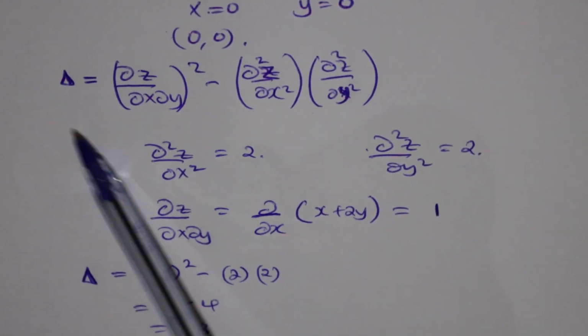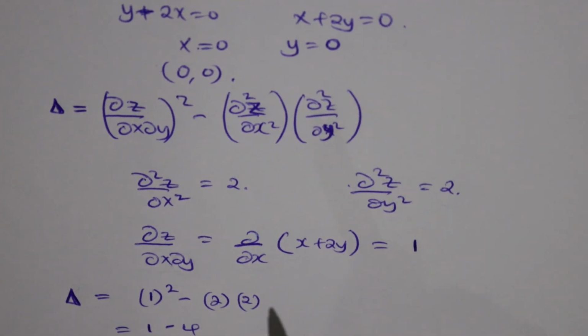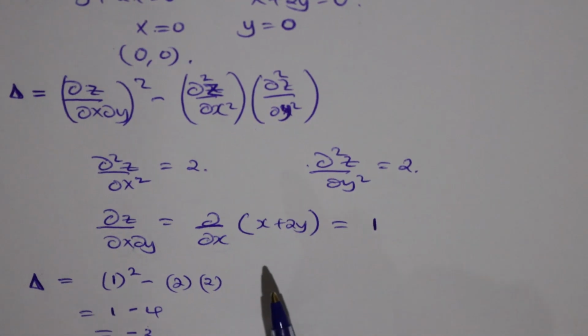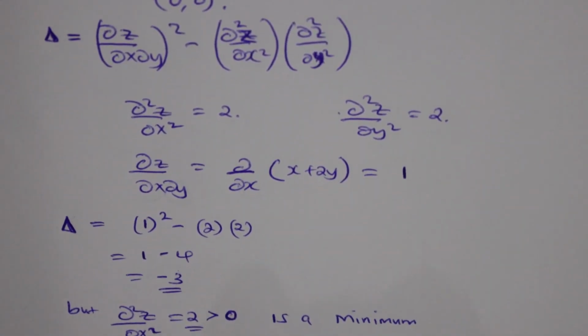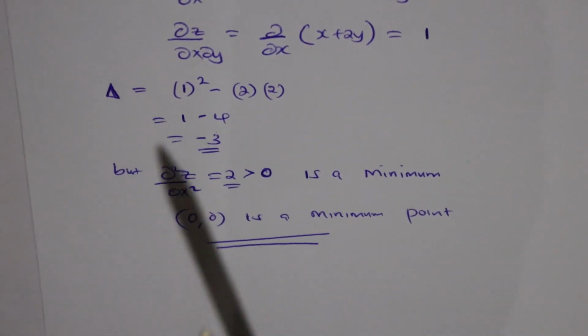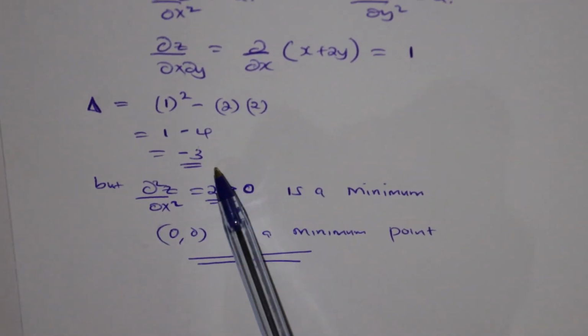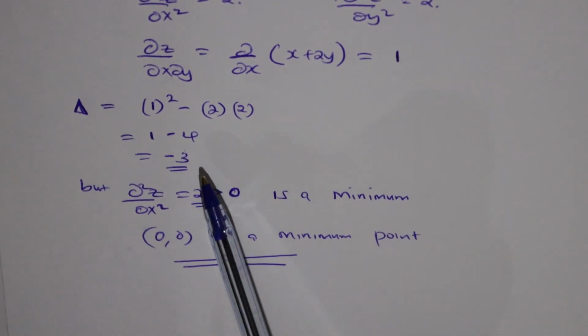After replacing your values, there are 2 possibilities. It can be greater than 0 or less than 0. If it is greater than 0, then that is by default a saddle point. If it is less than 0, then we have 2 possibilities. It can either be a maximum or a minimum.